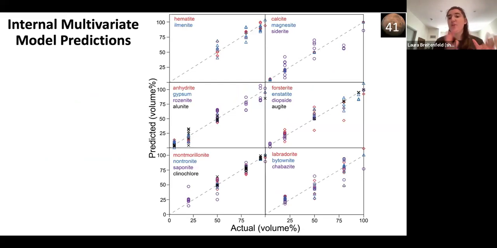So using these pure Raman spectra, as well as the Raman spectra of the mineral mixtures, we created the multivariate models. So this is a summary of the performance of the multivariate models. We have actual values on the x-axis and predicted values on the y-axis. And again, here we're looking for a one-to-one relationship between actual and predicted values.